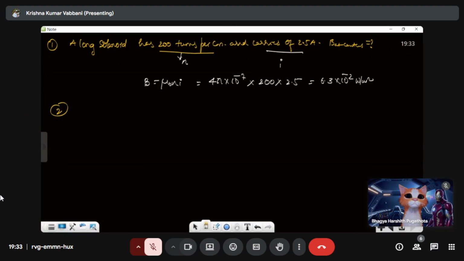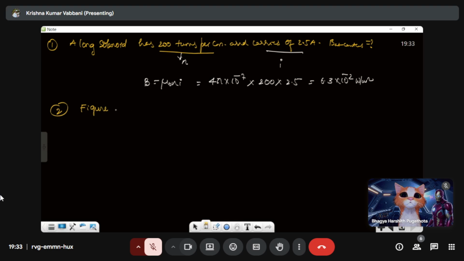And the second question. Last class we discussed this problem. Take the second question. In the figure, they are showing the cross-sectional view of the hollow cylinder.